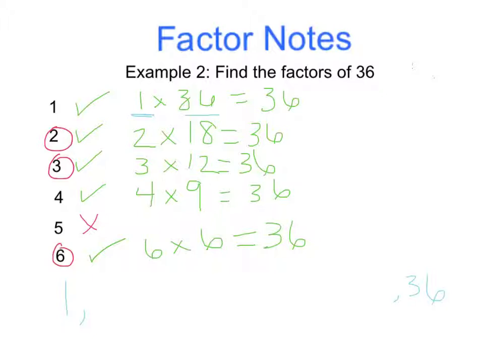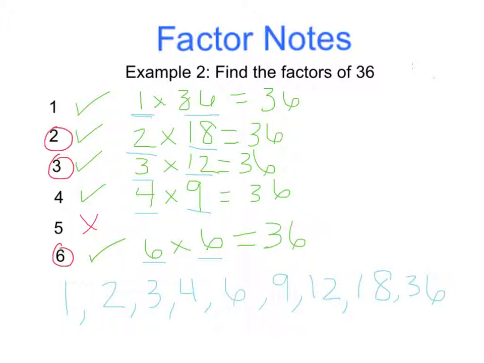Now we're going to move on to the next pair, 2, and its pair is 18. The next pair was 3, and its pair was 12. The next one was 4, and its pair was 9. The last one was 6, and its pair is 6, but it's in the middle and it repeats, so we can just leave it alone.